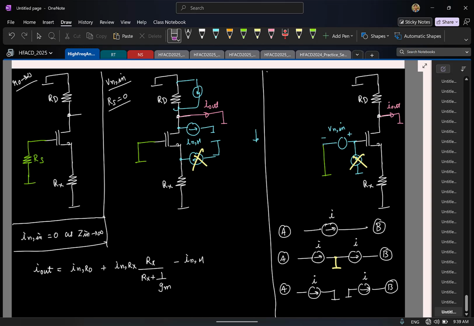Straight away it's done. So now I'll look at the other current. Now remember, this current is behaving the same way as a noise current for your resistor Rx. Whatever you did for the noise current of Rx, the same thing you will do for this current source. So that will be plus INM times the same division.